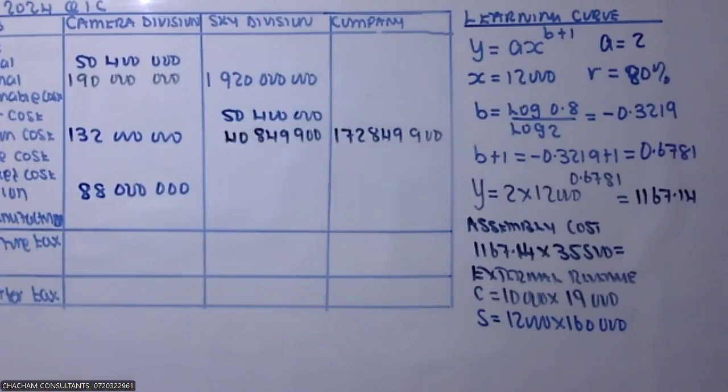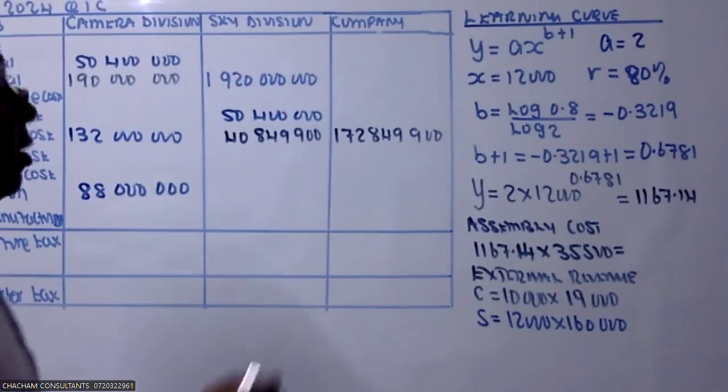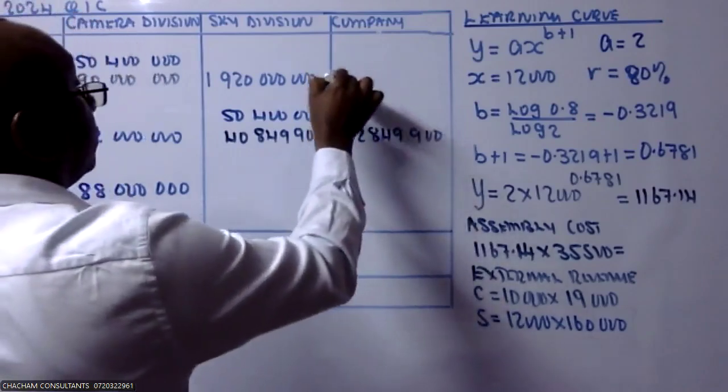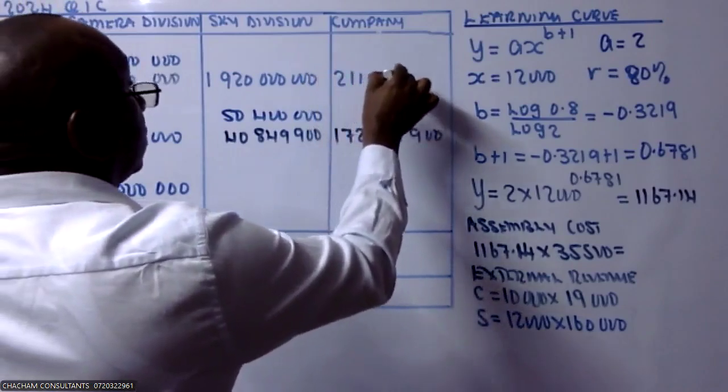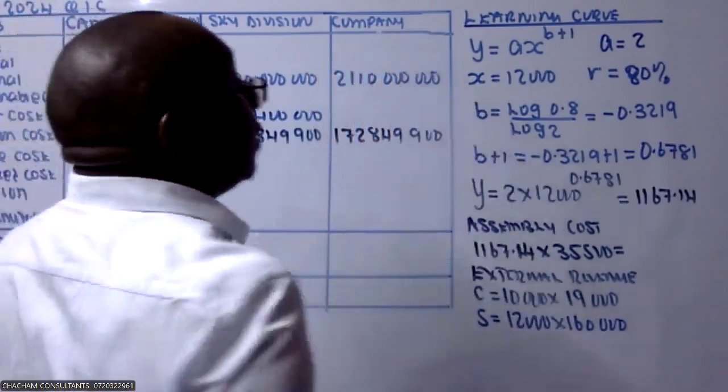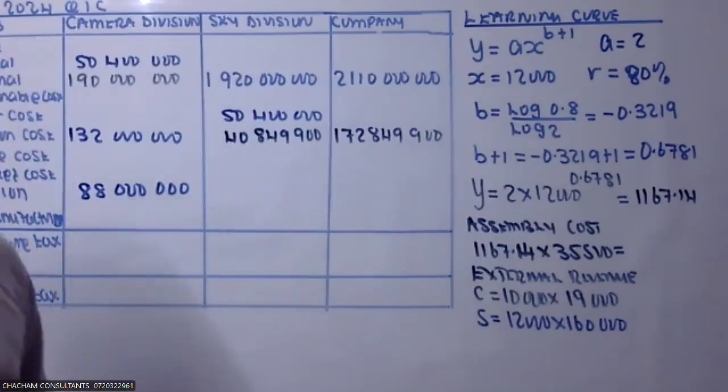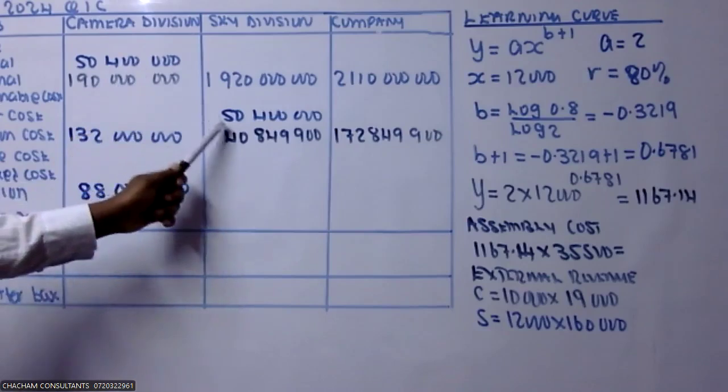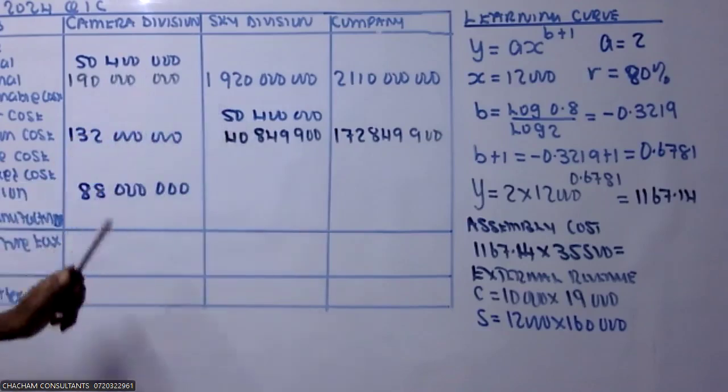So when you combine, it's coming to 2,110,000,000. When you combine that external revenue, that is what we are getting. So internal revenue we have handled and it will come here. External we have handled.